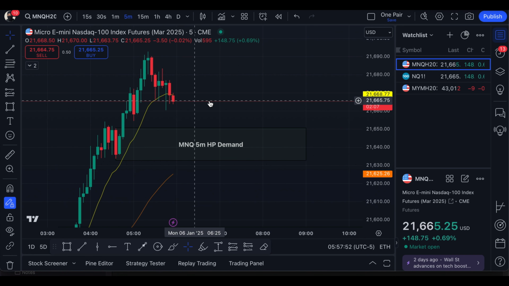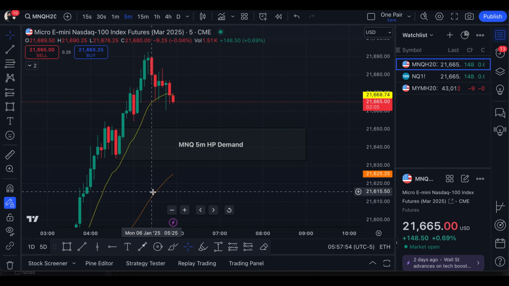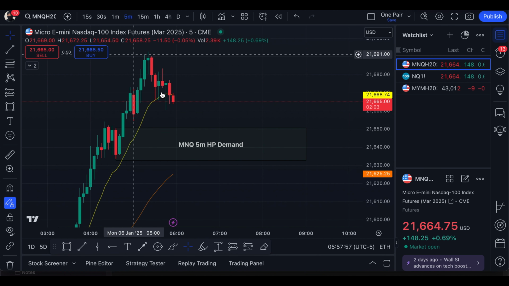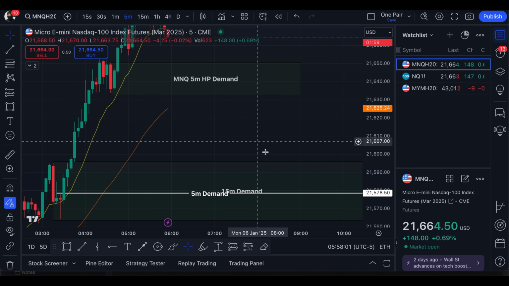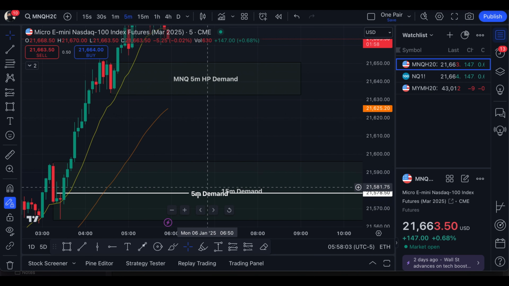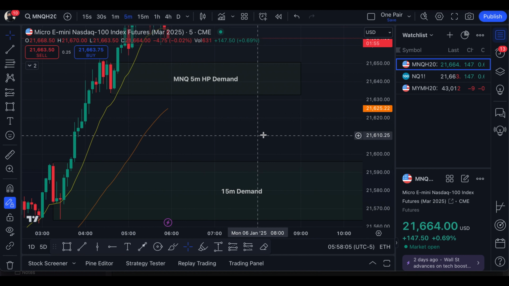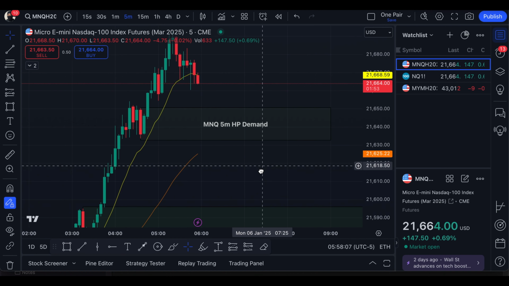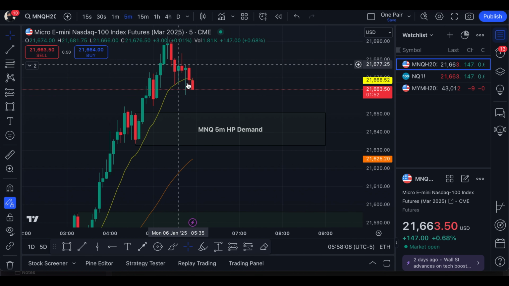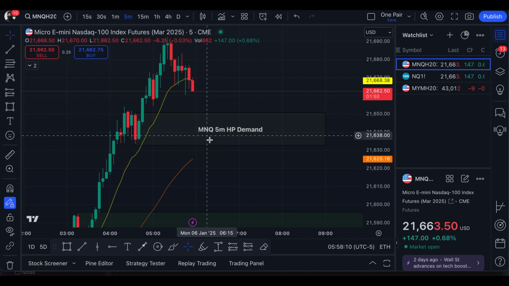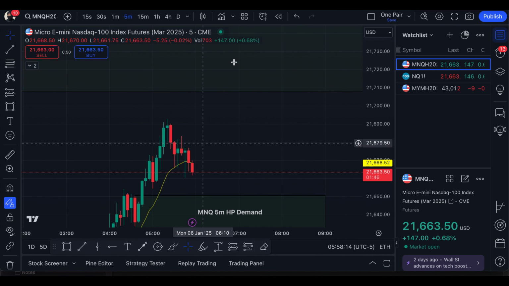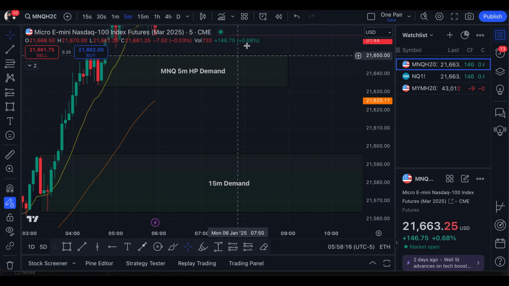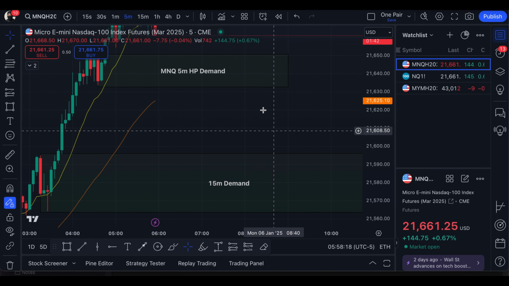Now, after this point, the way that I trade is that I stay on the 5-minute chart, but I do have the higher time frame setups here, like the zones. So for example, let's say that the market took this 5-minute demand and it won, it went up, and then it comes back down and starts going in a downtrend.